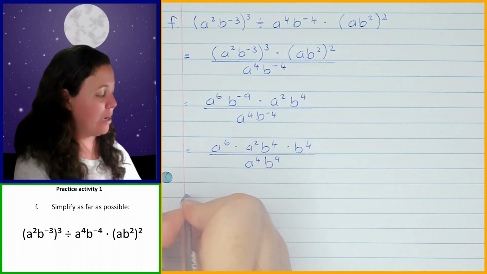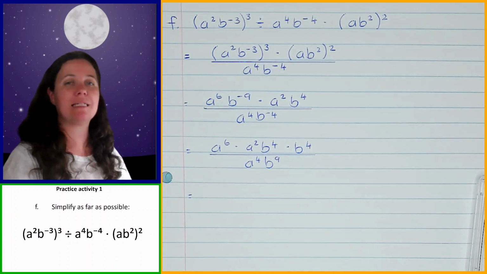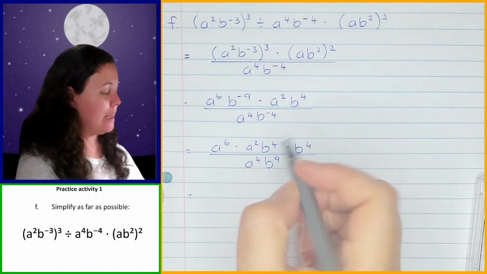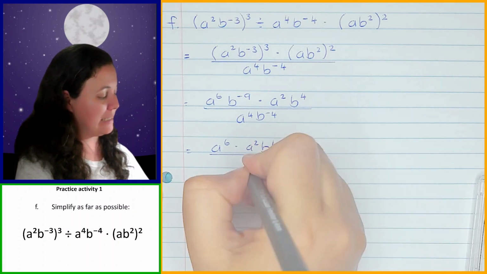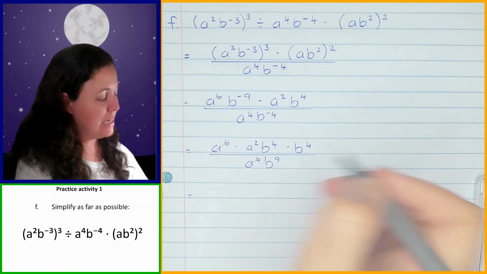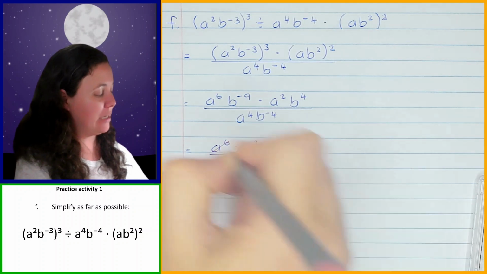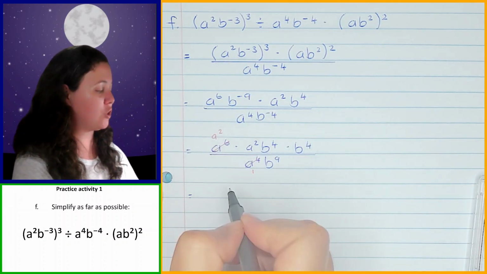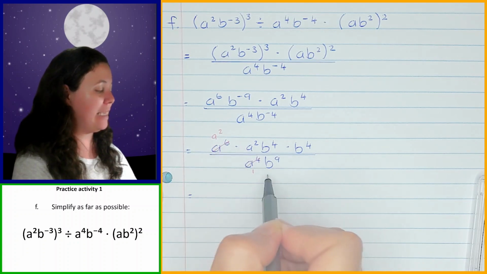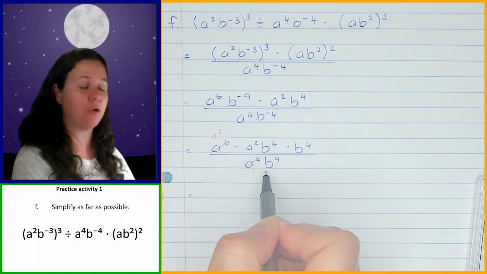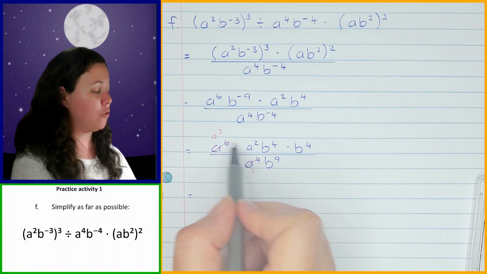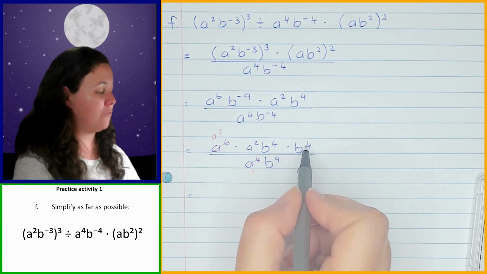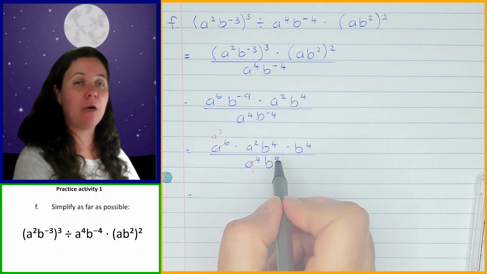Now I can simplify by cancelling out and multiplying. The a to the power of 4 cancels with the a to the power of 6 and leaves me with a to the power of 6 minus 4, which is 2. So that's a to the power of 2 at the top. I can't cancel any other a's because there are no other a's at the bottom, so I'm going to multiply those together. For my b's, I've got b to the power of 4 times b to the power of 4 at the top and b to the power of 9 at the bottom.